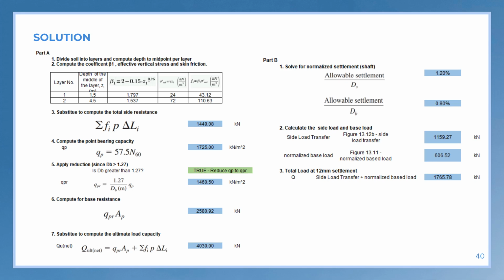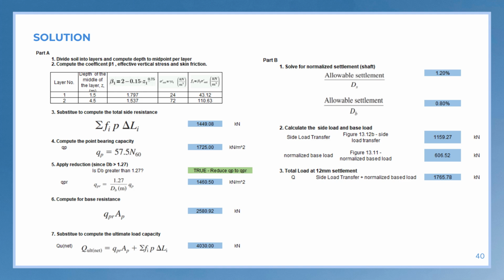Next, the point bearing capacity is calculated from the given N sub 60 value, and since the base diameter is greater than 1.27 meters, equation 13.29 is used to reduce the point resistance. Adding the reduced base resistance and the total side resistance gives the ultimate load capacity, which is about 4,030 kilonewtons.